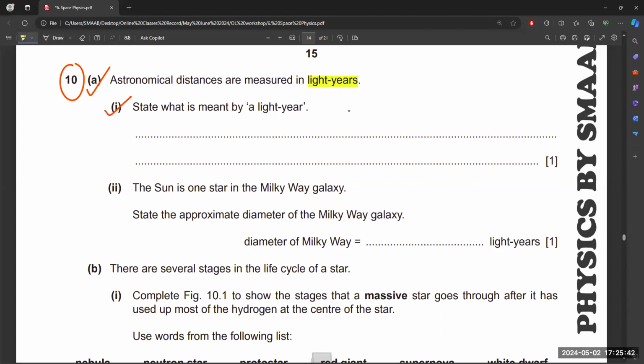And in the first part, they are asking for the definition of a light year. So a light year is the distance traveled by light in 1 year.